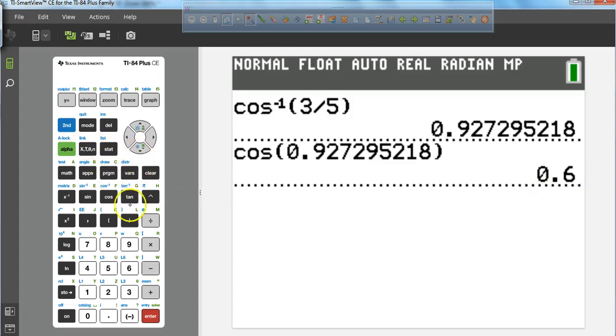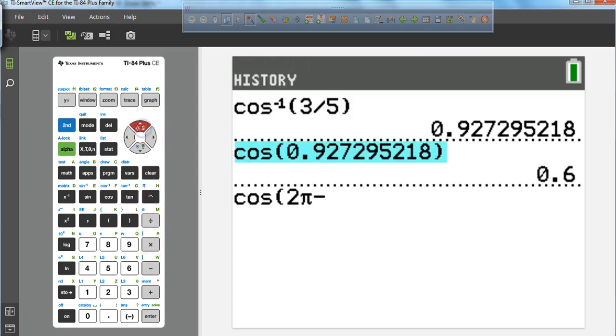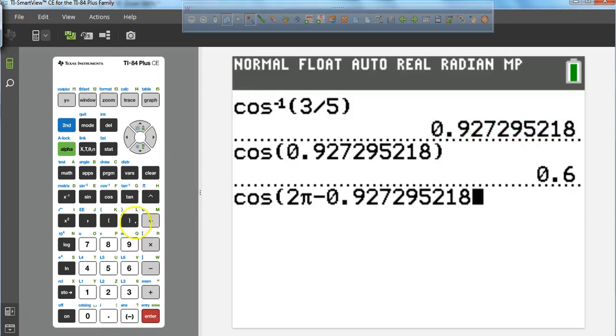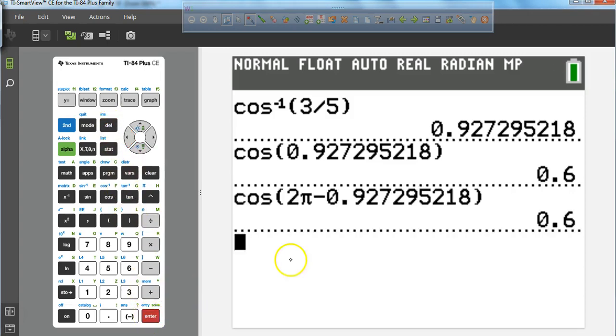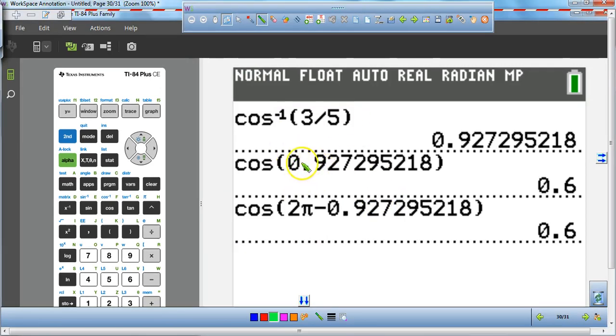Look what happens when I say, what is the cosine of 2 pi minus this? So here's what I want you to see. This right here is theta in radians. Well, the cosine of 2 pi minus theta gets us to the same answer right here.